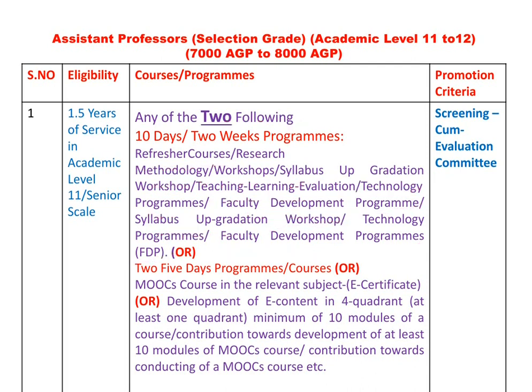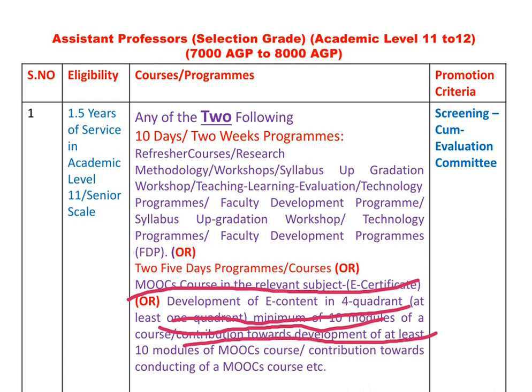Or two 5 days programs or courses are also eligible for CAS. Or any one MOOCs course in the relevant subject with e-certification. Or development of e-content in 4 quadrants or at least 1 quadrant, minimum 10 modules of a course, or contribution towards development of at least 10 modules of a MOOCs course, or contribution towards conducting one MOOCs course.